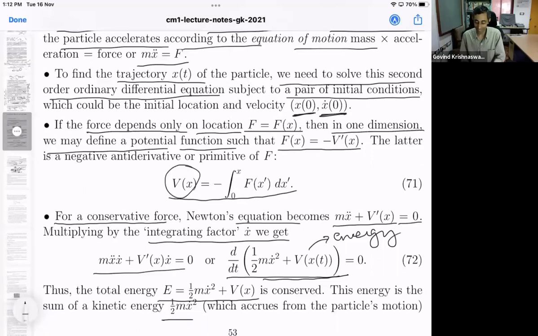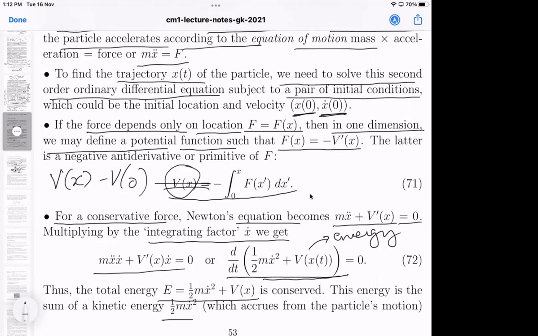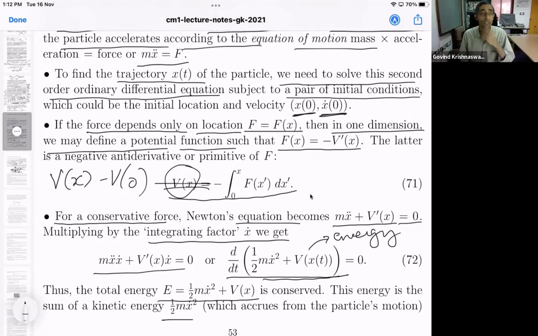There is a big reason why I didn't do such things, because I didn't want to tell things I should not tell. But you are quite right. V of x minus V of 0 is equal to this formula. My formula was incorrect. But for obvious reasons, I was trying not to say such things. Is that okay, Ishita? Yes, sir. Okay, fine, excellent. Any other question?